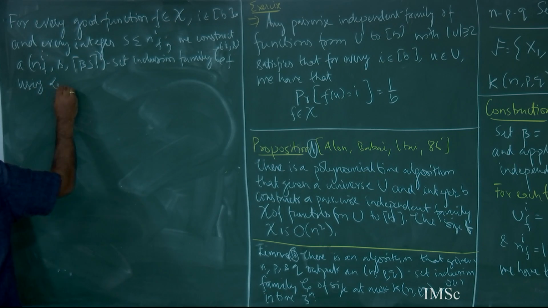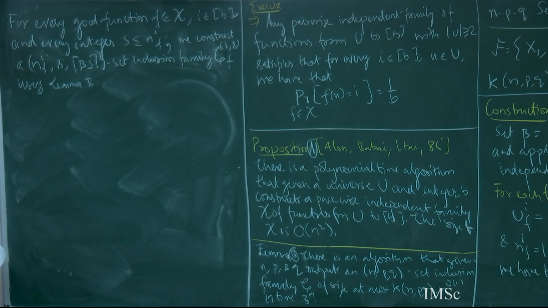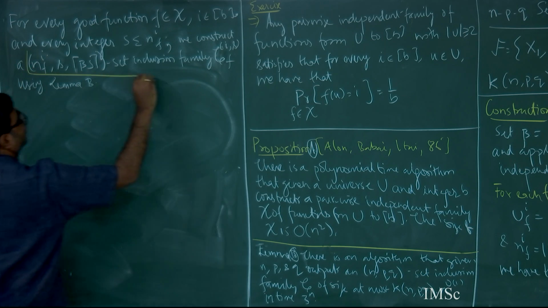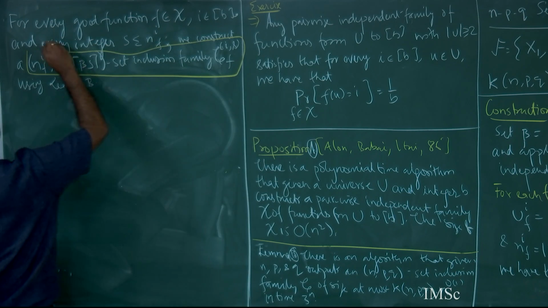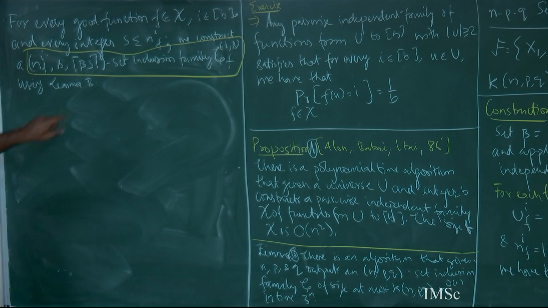So what I do is construct this object for every s less than or equal to NIF. Think of this s as being the guess of the size of the intersection of your y with the first part. This is what you should think of them.